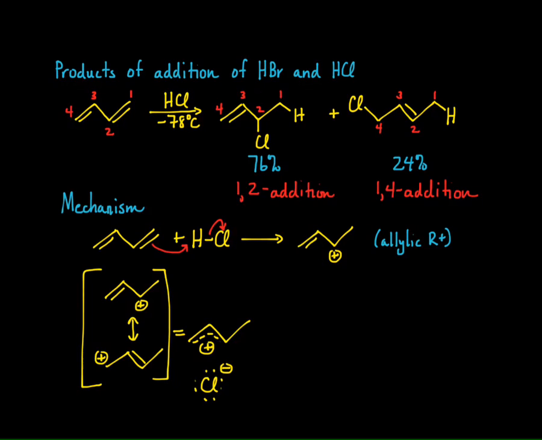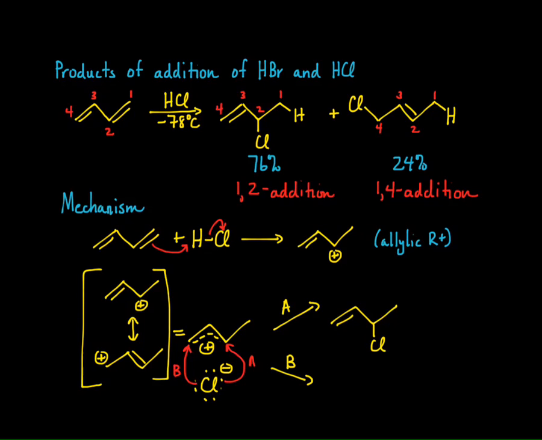And when chloride then attacks that carbocation, you see that it can attack either this carbon, which I'll label A, or it could attack this carbon, and I'll label that one B. So when it attacks A, the chloride is going to that particular carbon, and the double bond is going in between the other carbons.